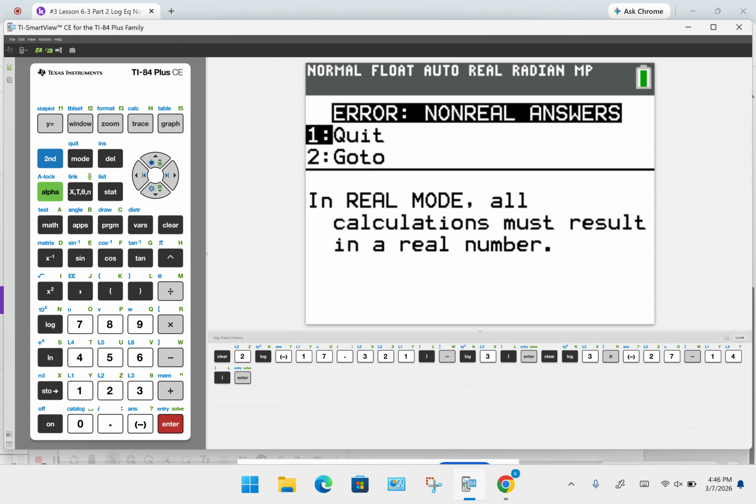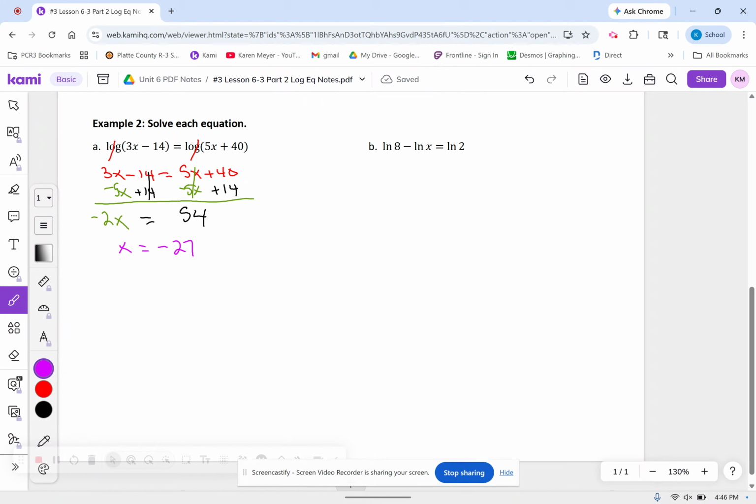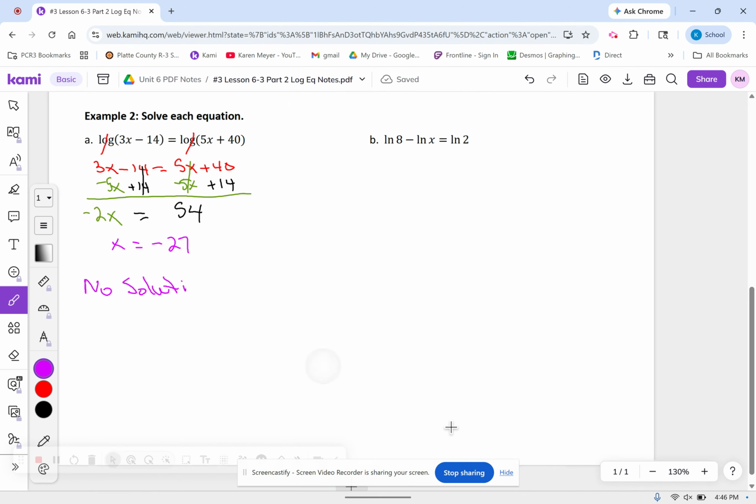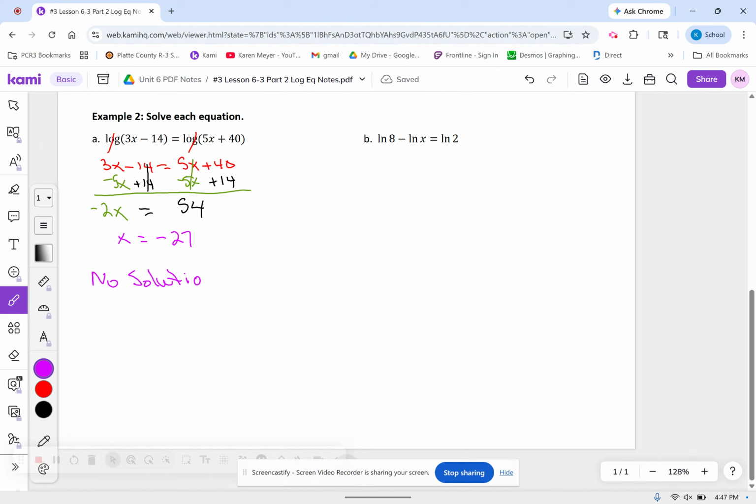So since this answer does not work, then I am going to say no solution, because whenever I checked it, I could not get my calculator to give me an answer. It said error. So since it gave me an error on one side, I couldn't work it out to see if the other side equaled anything.